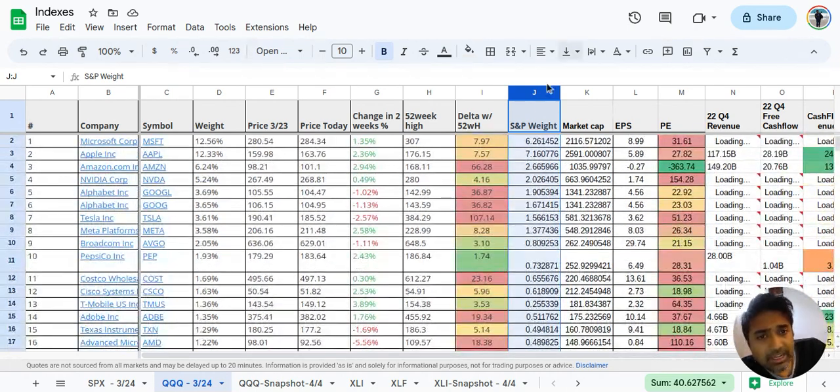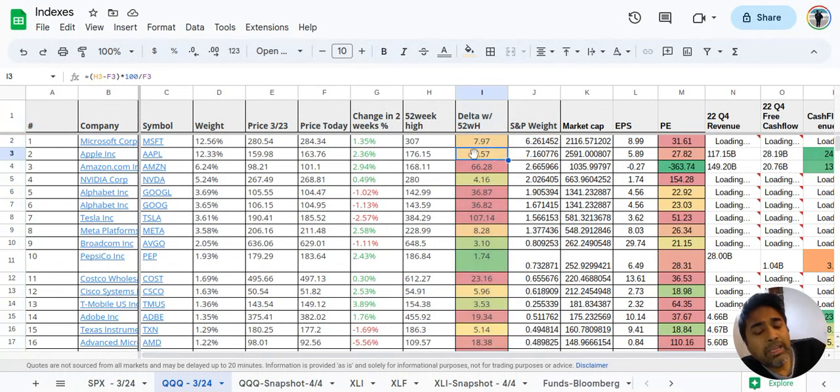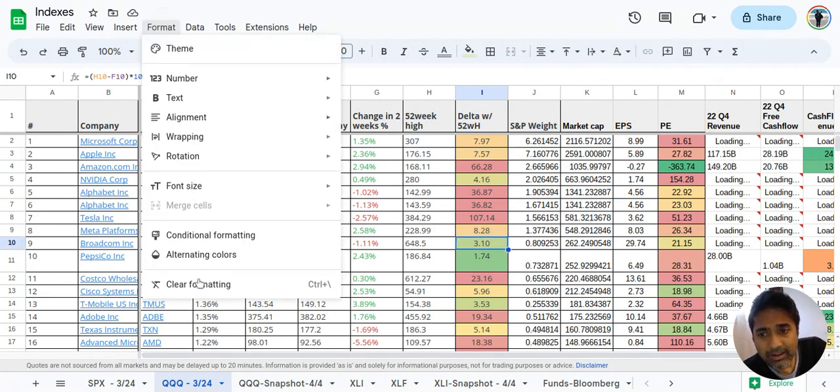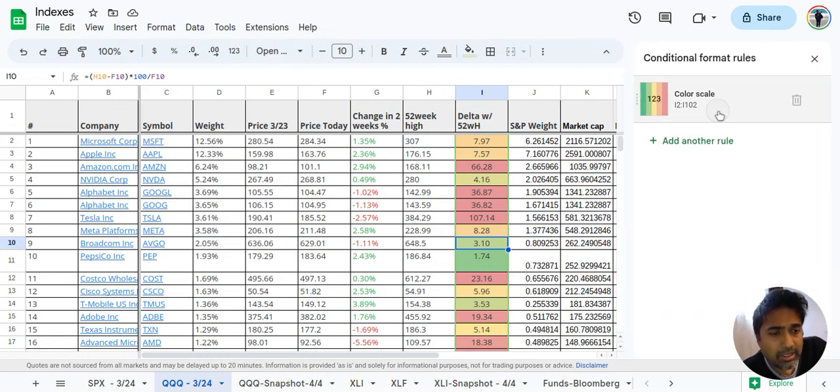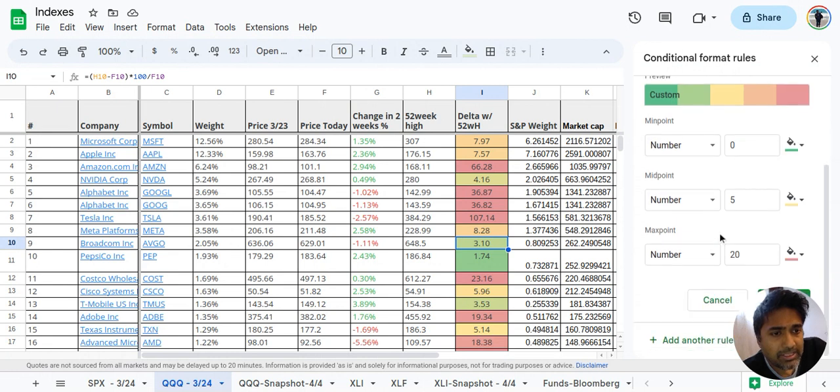Now the delta of this QQQ here, before I go there, I'll just show you the formatting. The rules are: if it is very close to 0% from the 52-week high, meaning it's right around there, that is green.